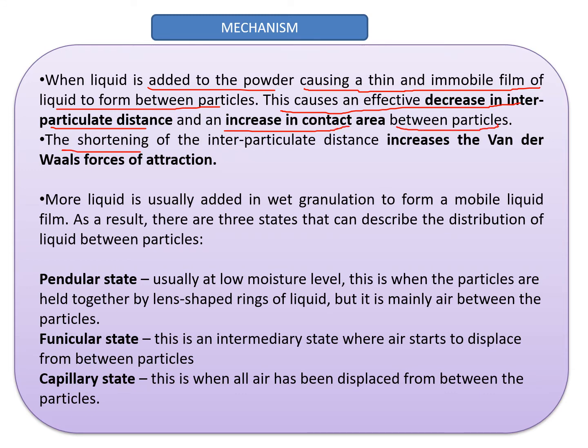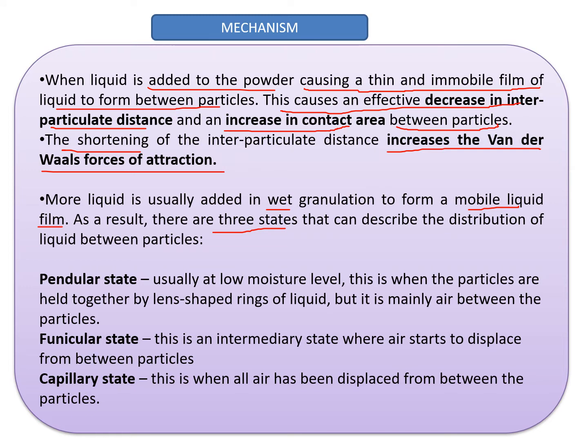The shortening of the interparticulate distance increases the van der Waals forces of attraction. More liquid is usually added in the wet granulation process to form a mobile liquid film. As a result, there are 3 states that can describe the distribution of liquid between the particles.